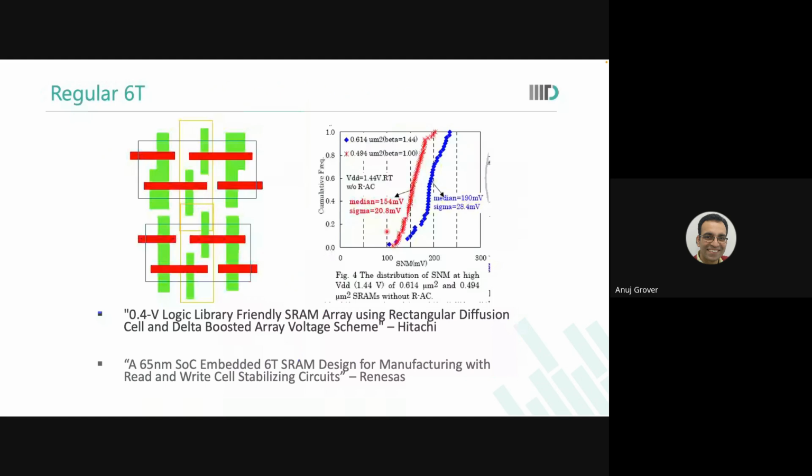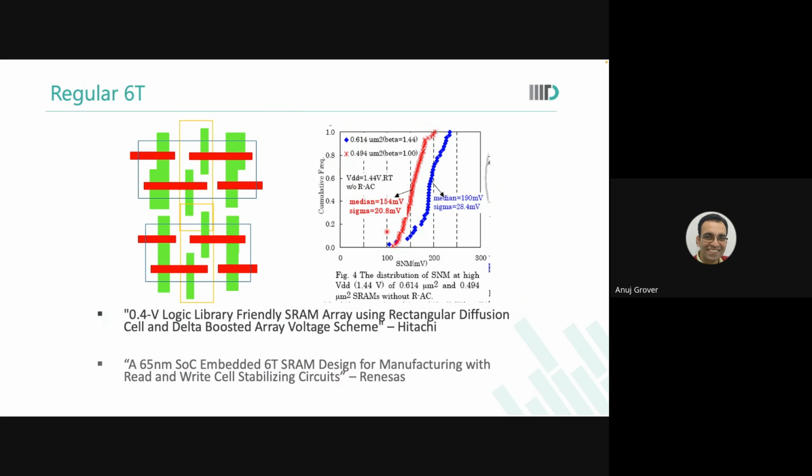Okay? So now, let's go to a still more modern world. अभी तक हमने बात करा कि there has to be a cell ratio that you would want to maintain between the strength of pull down and pass gate. You would want to keep it at about, आप जब निकालोगे अपने कैलकुलेशंस करोगे तो आप कहीं 1.5, 1.6, 1.7, 1.3, more than 1 पे आओगे, because you know it is required to be stronger.